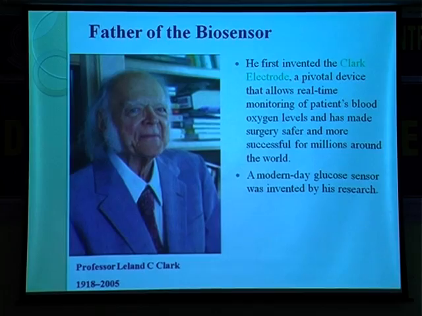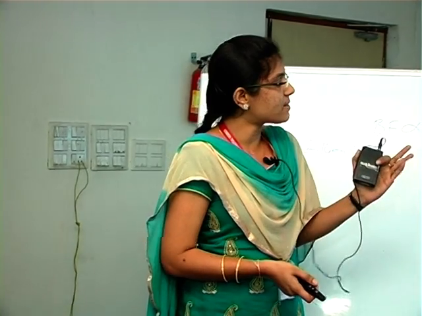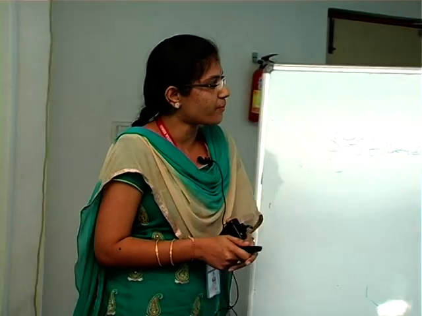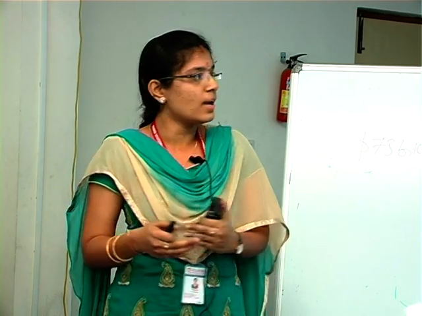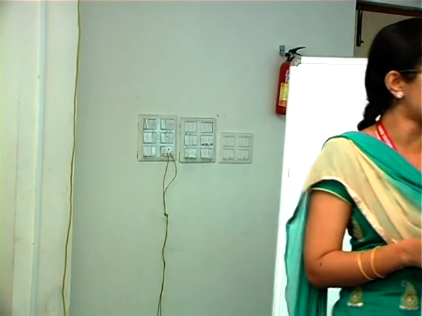Before going to the advantages, how were these biosensors invented? They were invented through the hard work of the scientist Professor Leland Clark, who invented the first sensing device, an instrument called the Clark electrode, which was used to sense the concentration of dissolved oxygen in the blood of patients undergoing surgery. Later, the research went on, and based on his research, the modern, widely used glucose biosensor came into the picture.